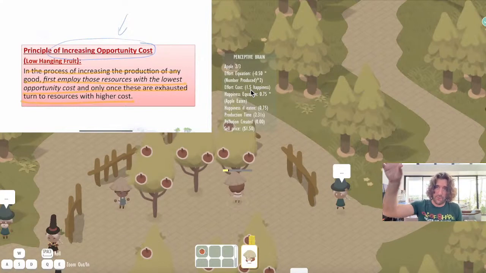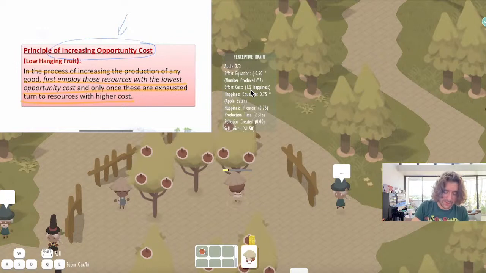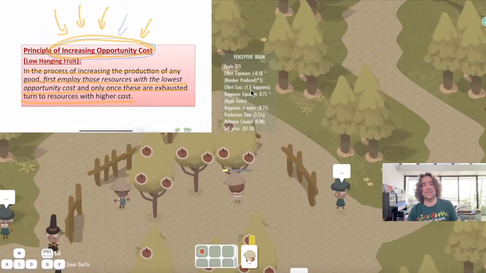The first apple is probably the closest one to you. You pick it, it has a relatively low opportunity cost, but the more you go on, the harder it is to grab those apples, and so you are experiencing what we call an increasing opportunity cost of taking the extra action, which in this case is collecting the apple.